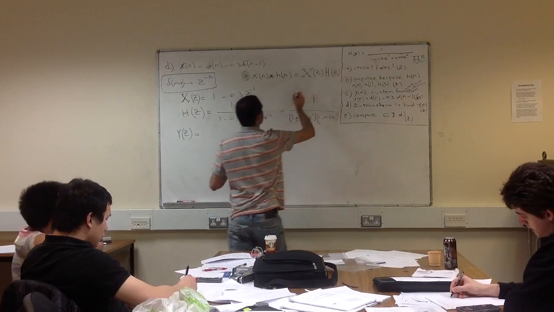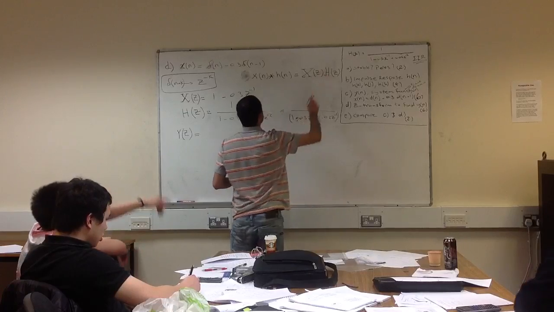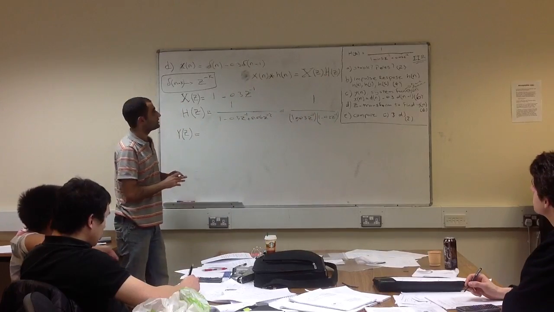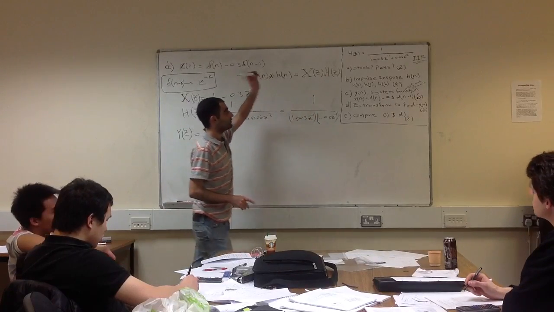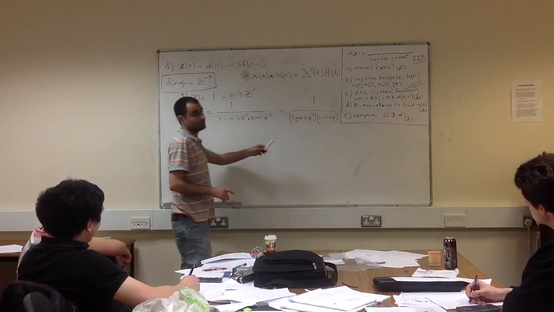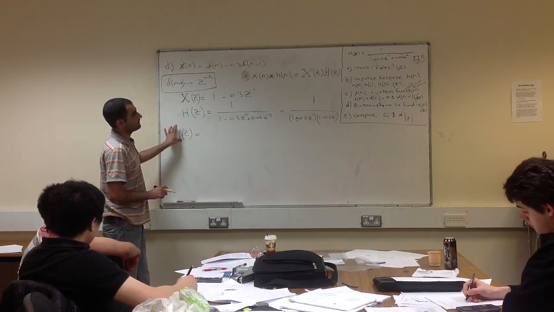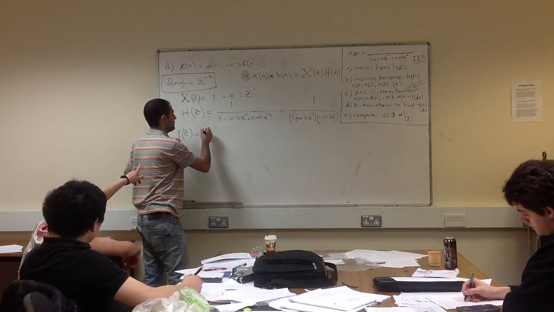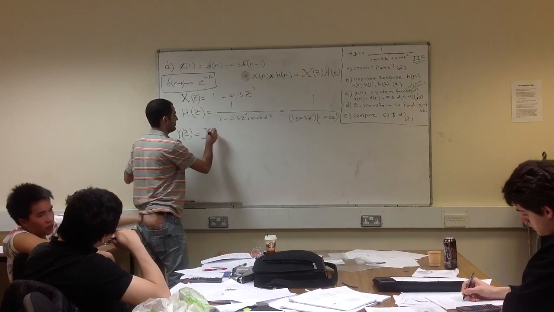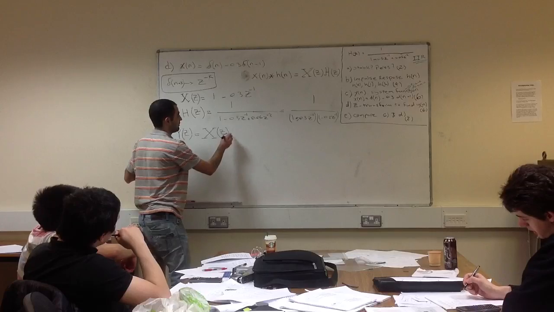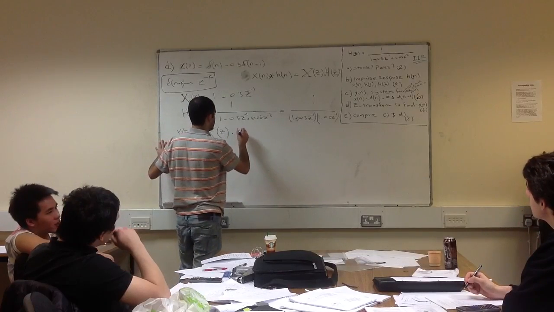So guys, can you see what's going to happen if you do convolution? Convolution in the time domain equals multiplication in the z domain. That's basically it. If you do X of z times H of z, can you see what's going to happen? The factor is going to cancel out.